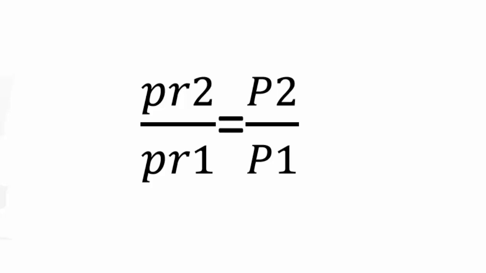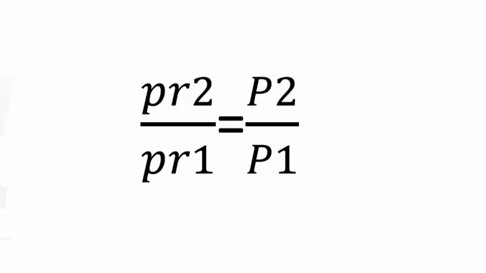The reason we are using the relative pressure is that it is air, so its pressure relates to the pressure of air at sea level, so we cannot use the absolute pressure. We will use the relative pressure values.